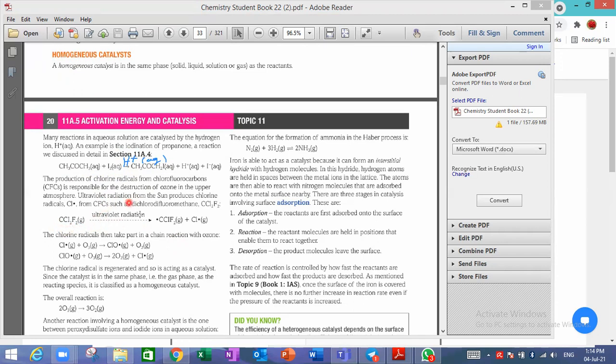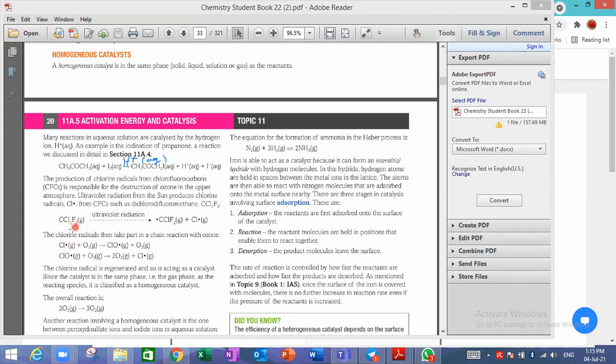Another example: take, for example, the chlorofluorocarbons. When they are present in the upper atmosphere, ultraviolet light decomposes this compound, forming a free radical, which is the chlorine free radical, and leaves the chlorofluorocarbon radical as well. This happens in the upper atmosphere near the sun. And then the chlorine free radical will decompose the ozone layer.